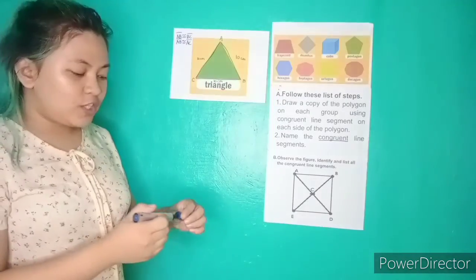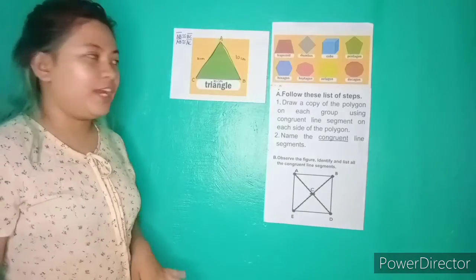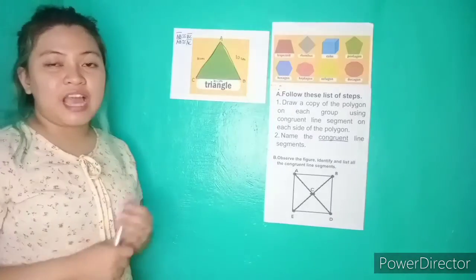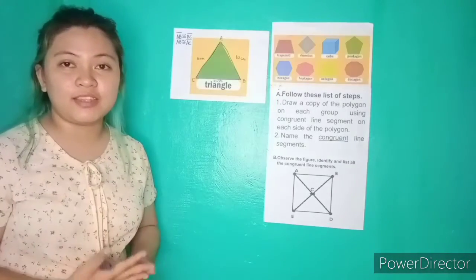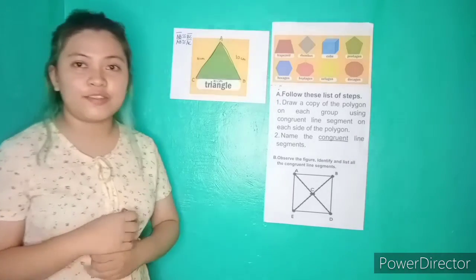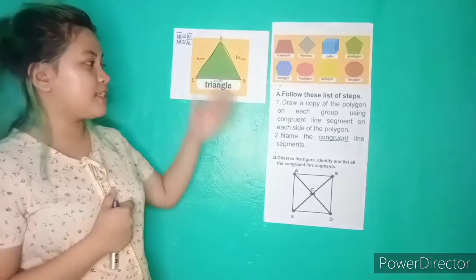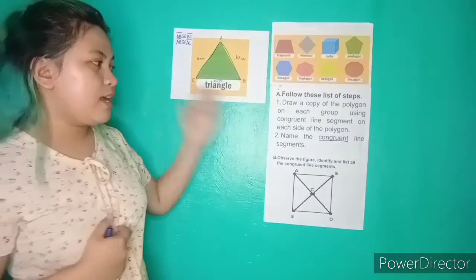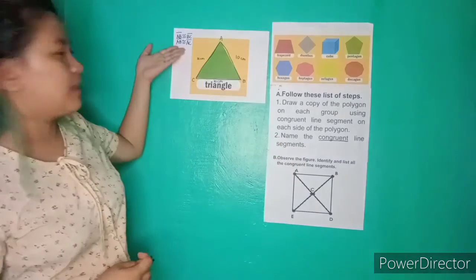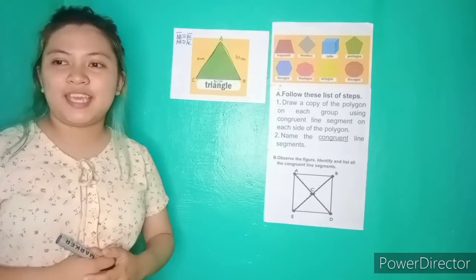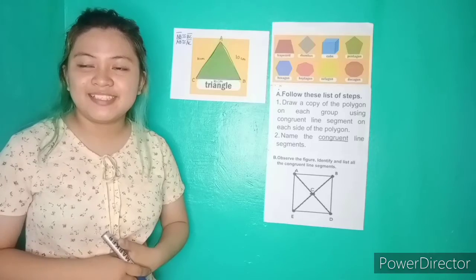You're just going to list every line segment that is congruent, as long as you do not repeat the line segment or the congruent line segment. So you're just going to name the congruent line segments like this one. Okay, did you all understand?